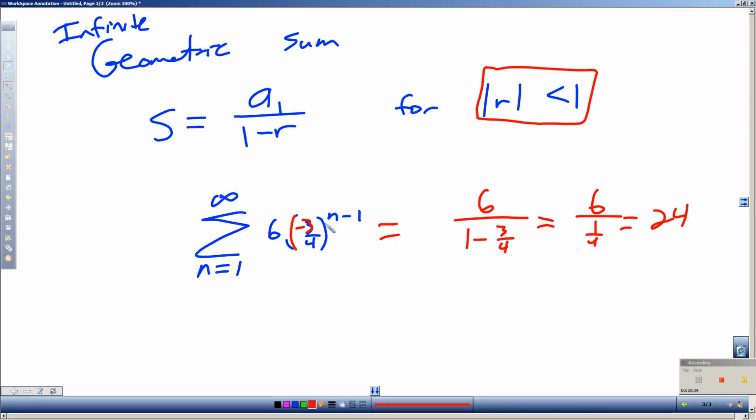Whereas if I put negative 2, this would not work. So if that was negative 3/4, it will be 1 plus 3/4, which is 7/4. So 6 divided by 7/4 will be 24 over 7.